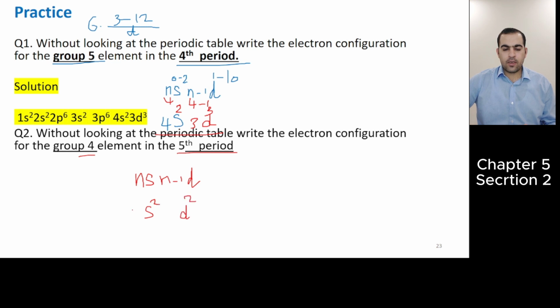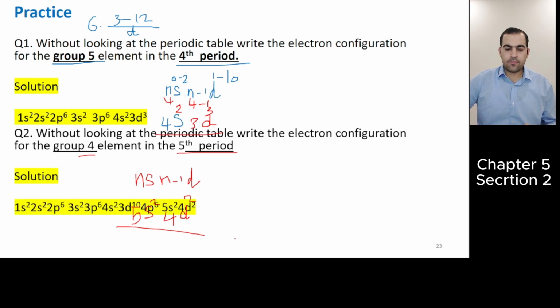What about N? N equals 5, and the number before is 5 minus 1 equals 4. This is called the outer electron configuration. If I tell you to write the outer electron configuration, you just write 5s2, 4d2. But if I tell you to write the electron configuration, you must write the whole electron configuration like this. Okay?